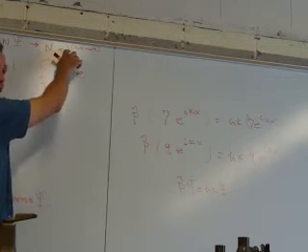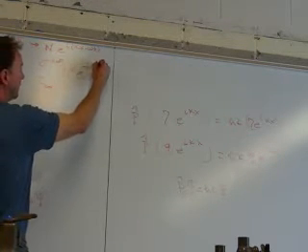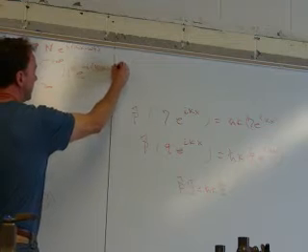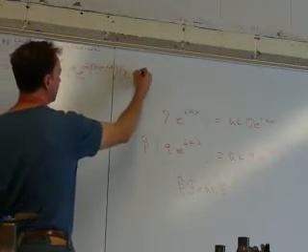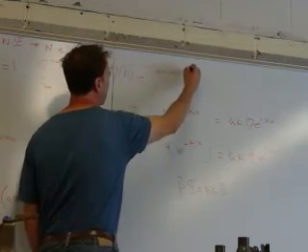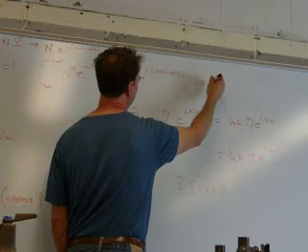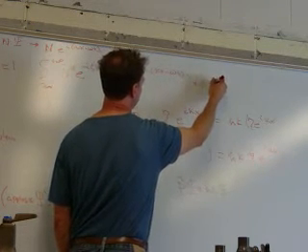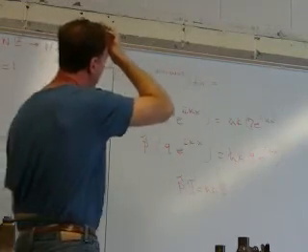There's a positive here, so make it negative i. That's it: minus i kx minus omega t, times n times e to the i kx minus omega t dx, has to equal 1.